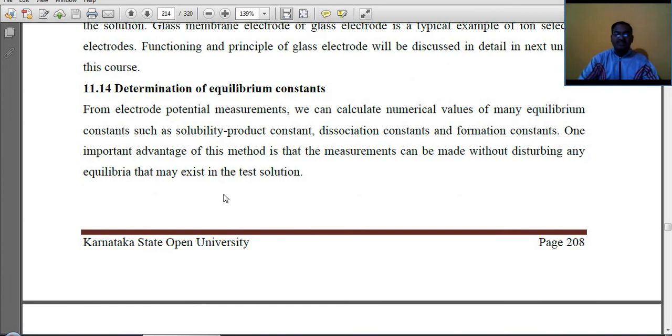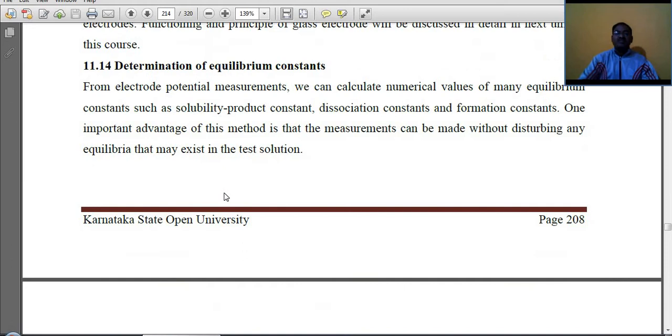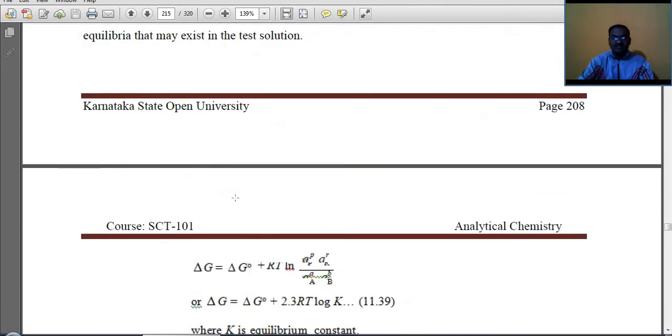Determination of equilibrium constants. We can calculate numerical values of many equilibrium constants such as solubility product constant, dissociation constant and formation constant. One important advantage of this method is that the measurement can be made without disturbing any equilibrium that may exist in the test solution.